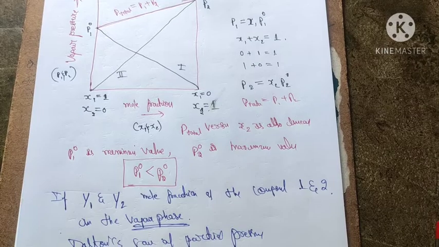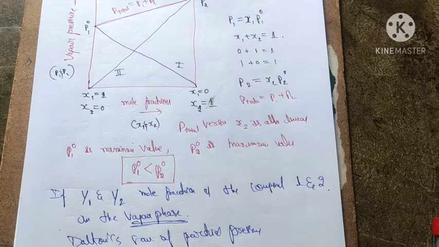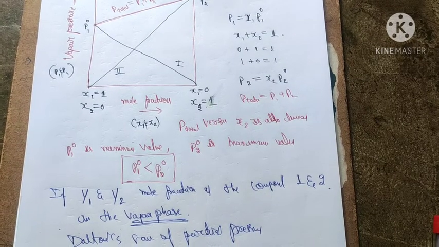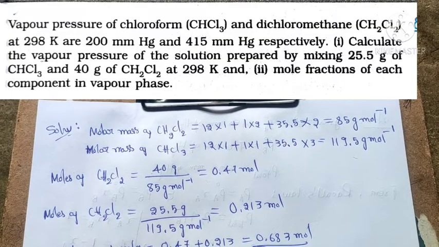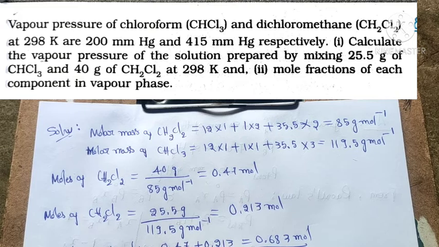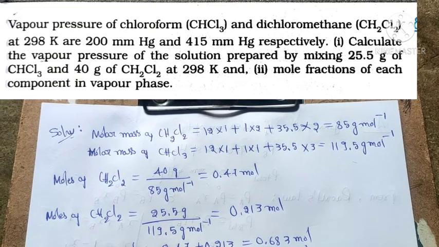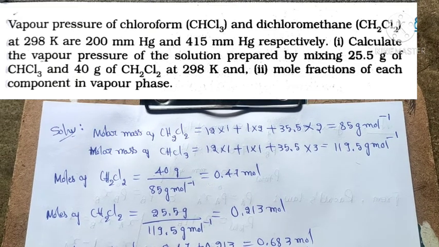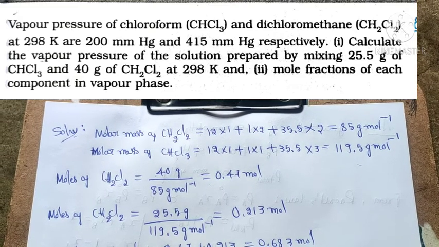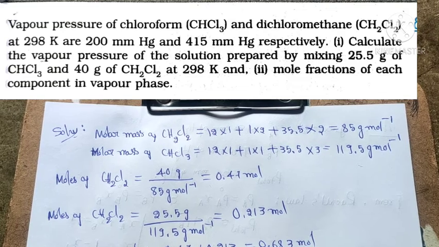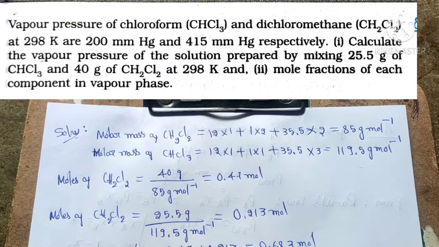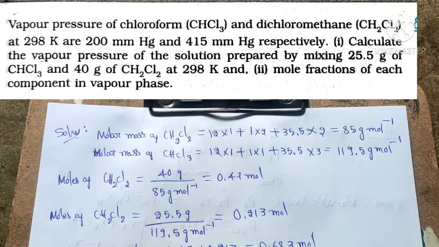Let me go on to some problems on Raoult's law. The vapor pressures of chloroform CHCl3 and dichloromethane CH2Cl2 at 298 Kelvin are 200 mm of mercury and 415 mm of mercury respectively.